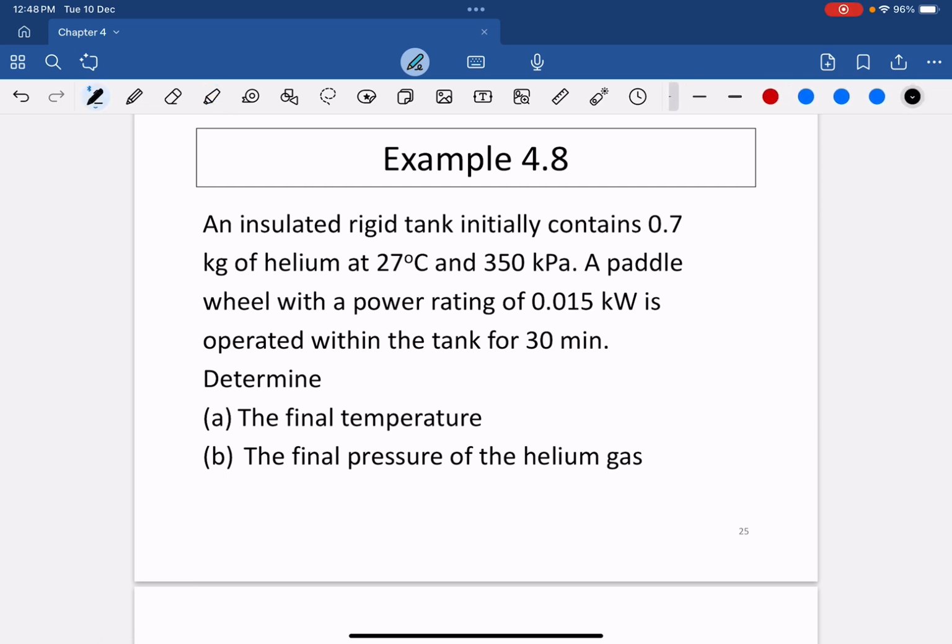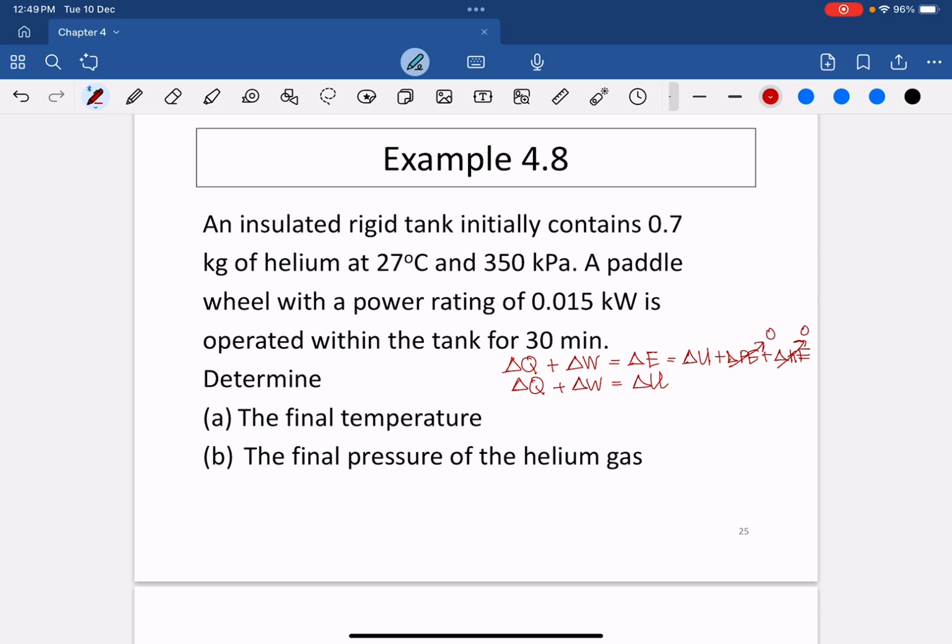Remember, the energy change from the heat plus the energy interaction from the work will change the energy of the system in terms of internal energy, potential energy, and kinetic energy. The problem doesn't say anything about kinetic or potential energy, so we assume both are 0.